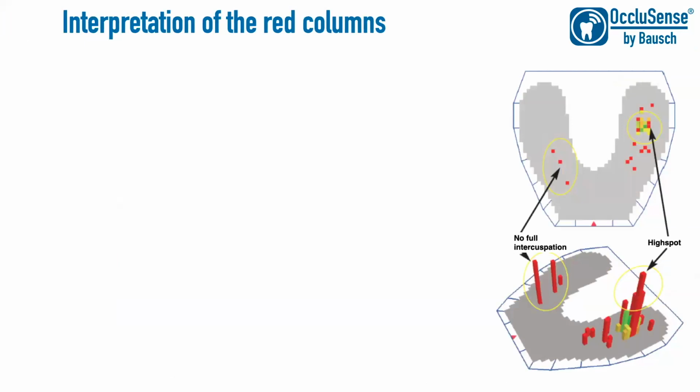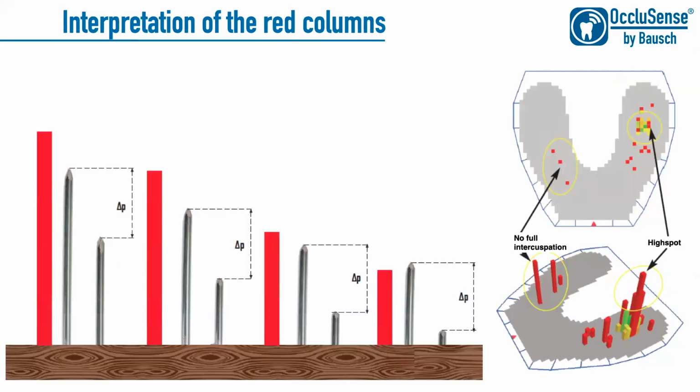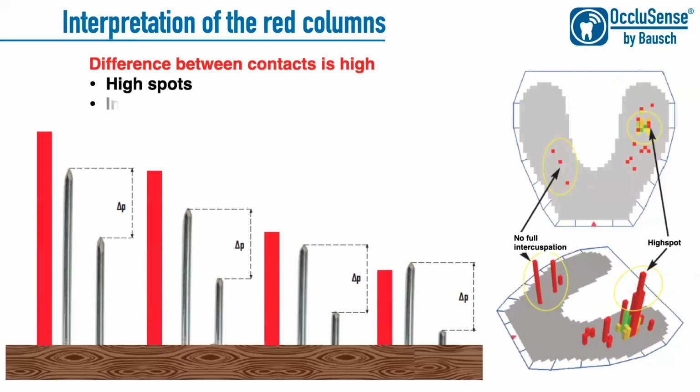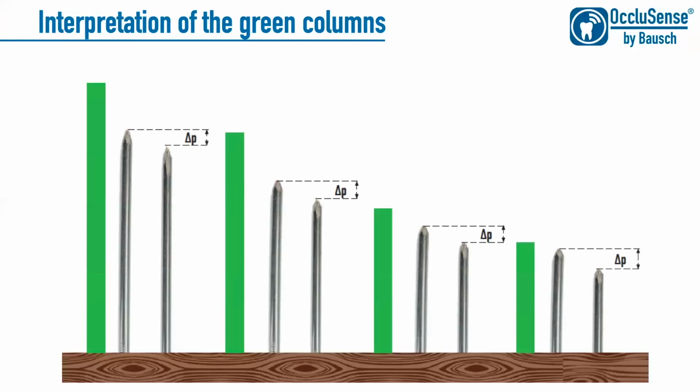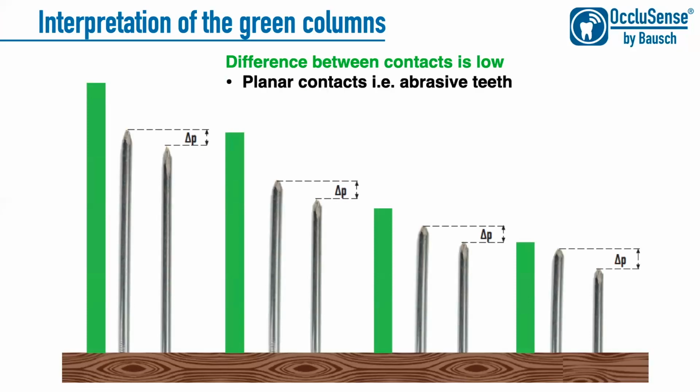Therefore, any red columns clinically will indicate high spots of occlusion, initial contacts, or standalone contacts that are not in full intercuspidation. Whilst green indicates a low pressure difference, so this can be anything like planar contacts, as for example on abrasive teeth, or adjacent contacts with similar pressure.